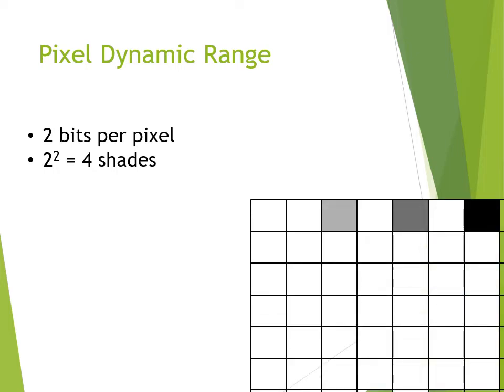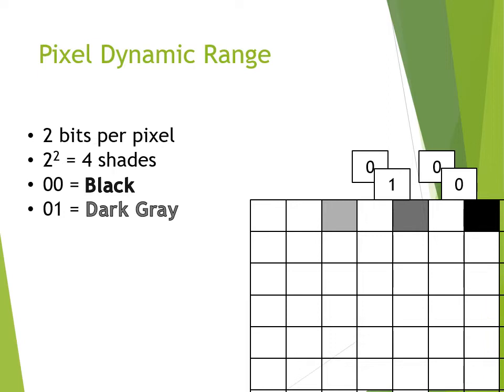Here is our simplified imaging plate with some of the pixels filled in. For this example, a pixel with a 2-bit memory location containing 2 zeros would display as black, black being no light projected through the pixel. A pixel with the memory locations containing a 0 and a 1 would display as dark gray.